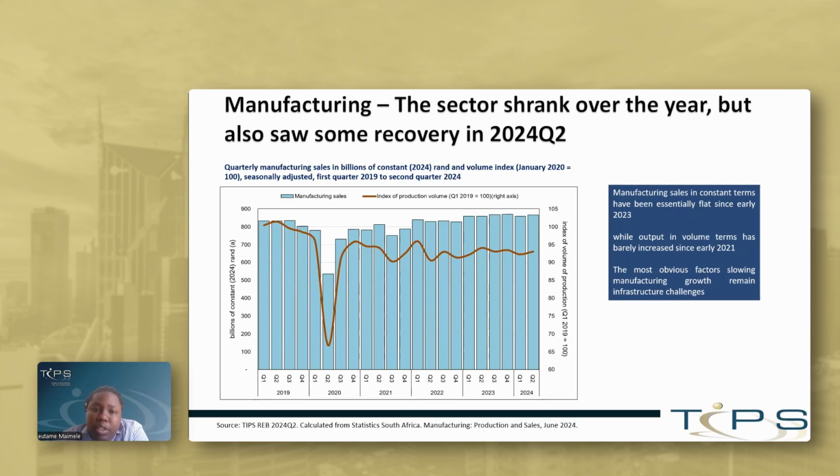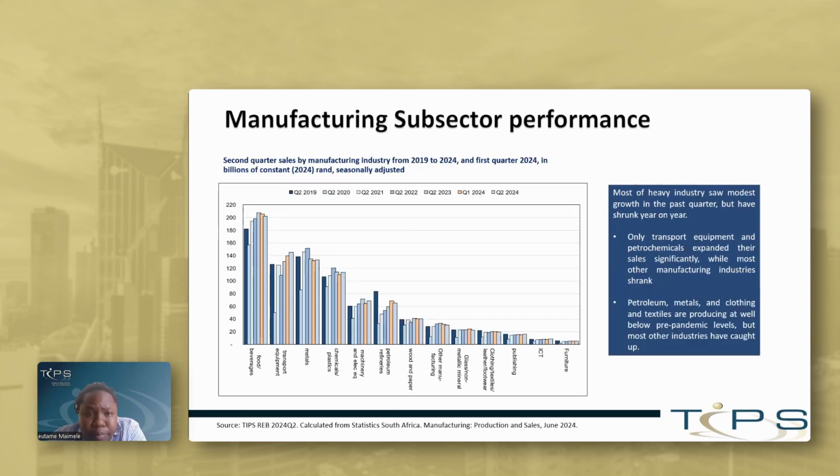But overall, you see that the sector has shrunk over the year, but also saw some recovery in the second quarter of 2024. Then drilling down into the manufacturing subsectors, we see that most of the heavy industries saw modest growth in the past quarter, but have shrunk year on year, as highlighted in the last slide.